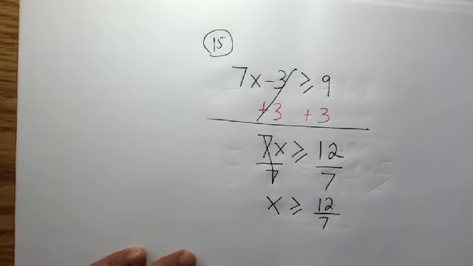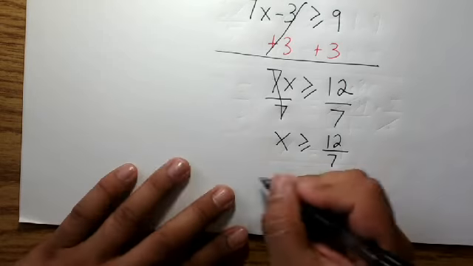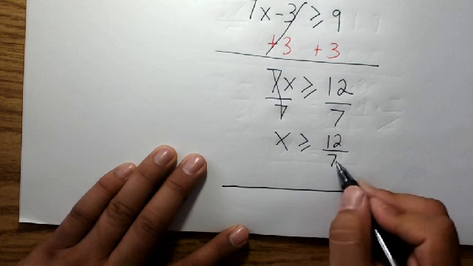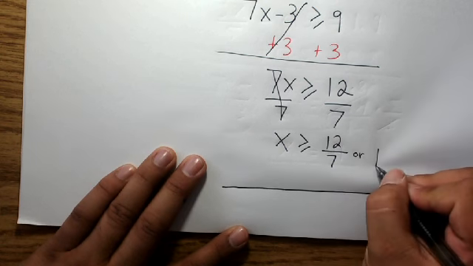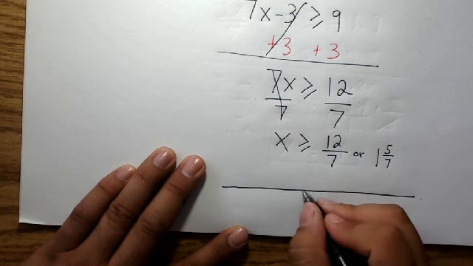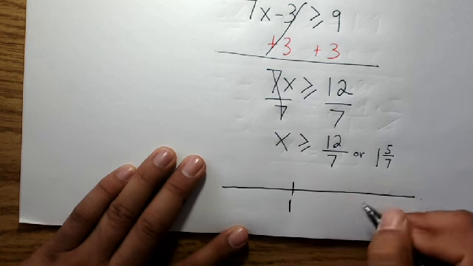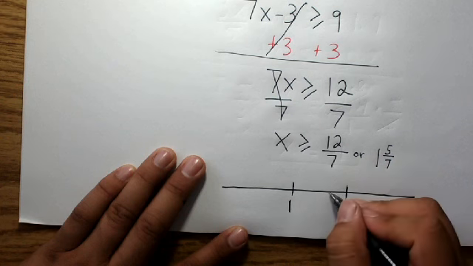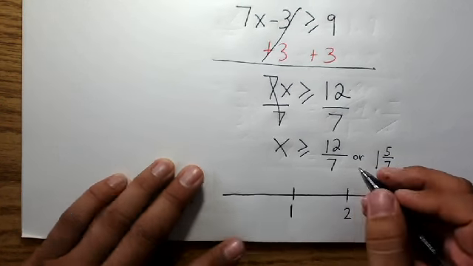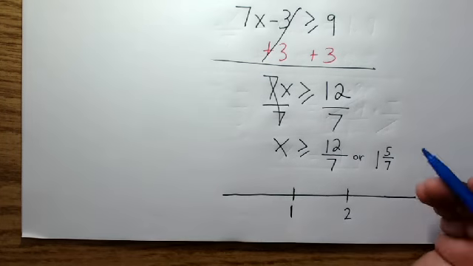Now, on a number line, just FYI, 12 sevenths would be 1 and 5 sevenths, right? So it would be between 1 and 2. My question to you is, is it a filled in circle or an open circle?